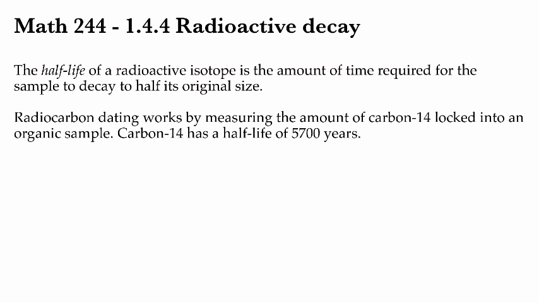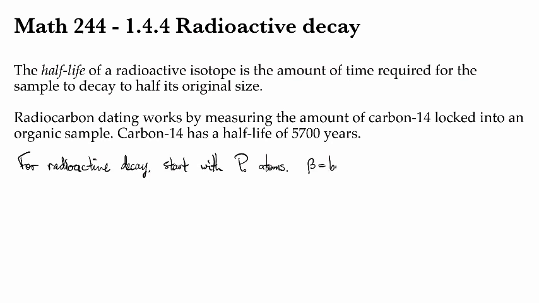So in this case, if we're looking at radioactive decay, say we start with P naught atoms of whatever radioactive material it is, then the birth rate is 0 because these particles don't spontaneously become radioactive isotopes.